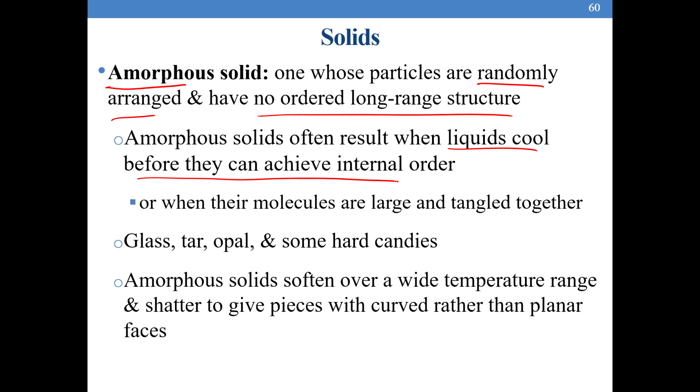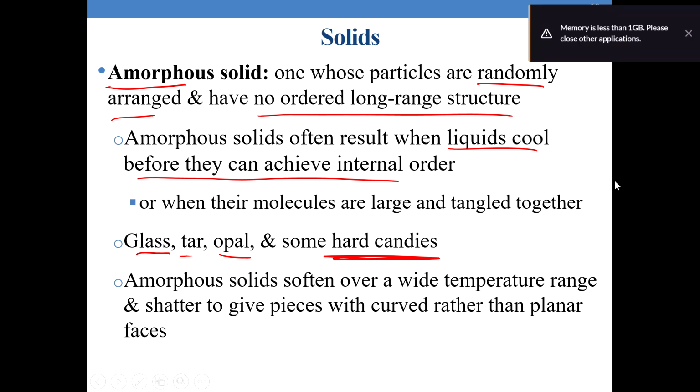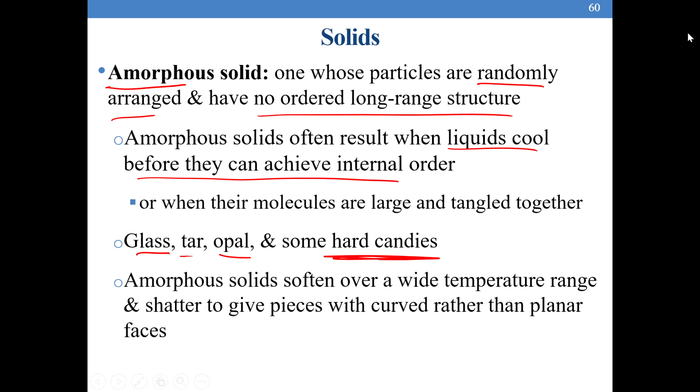Some examples: some hard candies are amorphous solids, and glass, tar, and opal are all amorphous solids once they're in the solid phase. Amorphous solids often soften over a wide temperature range, and then they can shatter. That's why hard candies shatter with curved rather than planar faces. Okay, so those are amorphous solids.